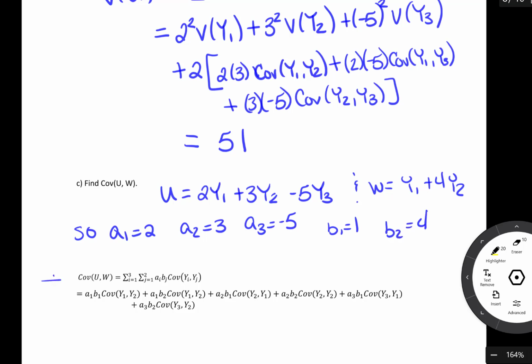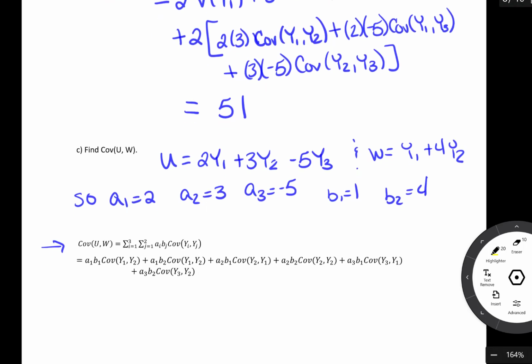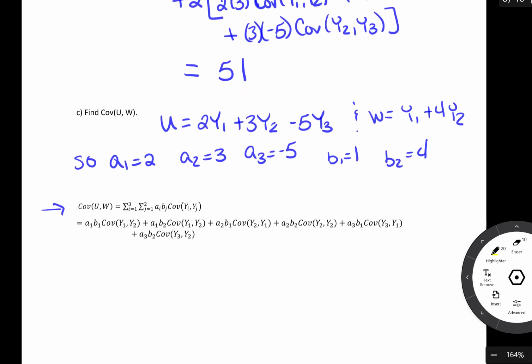So we had the formula up above, and what I've done is rewrite that formula in terms of our example here.